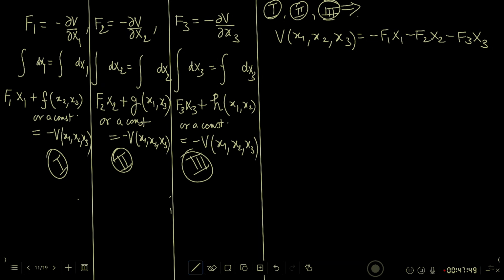Again, give or take a constant, it doesn't matter. Nobody bothers about a constant. Put a constant, don't put a constant, doesn't matter. This is the potential function.